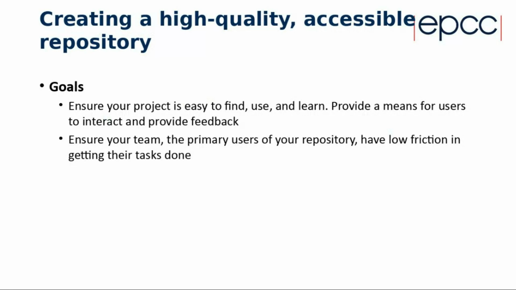You want to provide your users a straightforward way of interacting with it and finding the most relevant content, and providing feedback if needed, whether in bug reports or as code contributions. And you also want to make sure that your team, if you have one, who are really the primary users of your repository, don't have any issues adding their code and making changes, and that it's quite low friction. So those are two goals to keep in mind in this section.